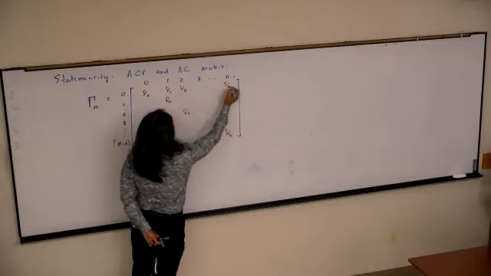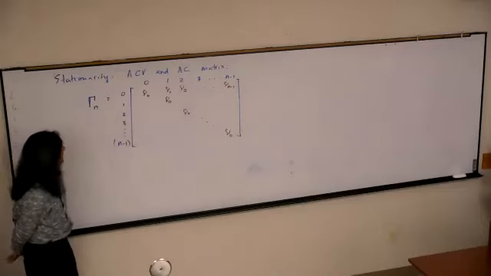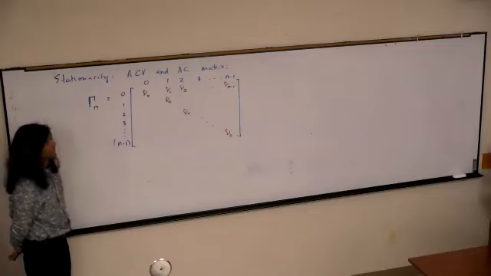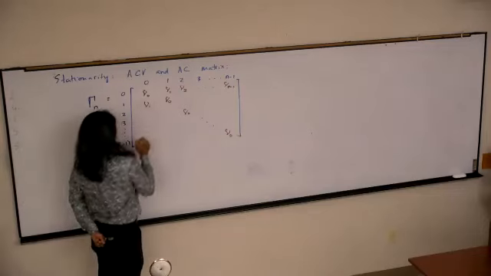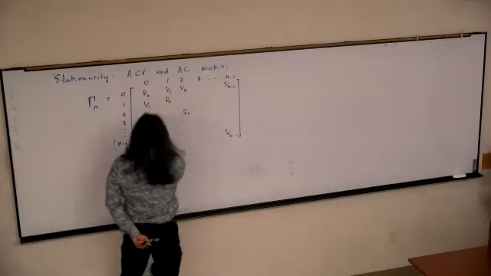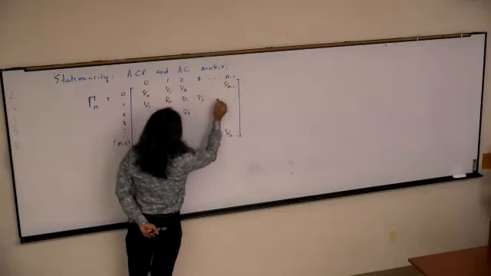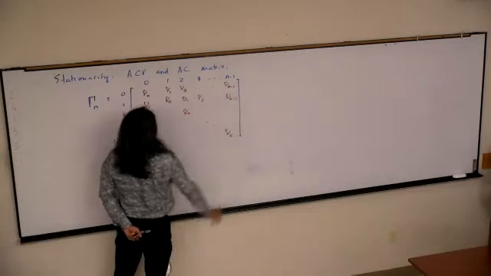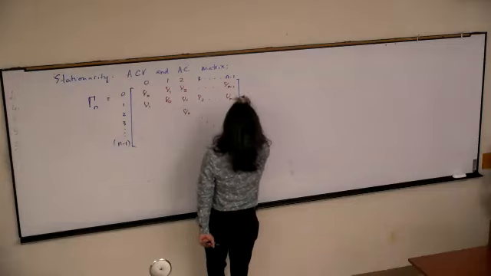Last one would be n minus 1. Good. And then you have 1, 0. I'm going to put it as gamma 1 still. And 1, 2. Gamma 1, 1, 3, gamma 2, dot, dot, dot, gamma n minus 2.